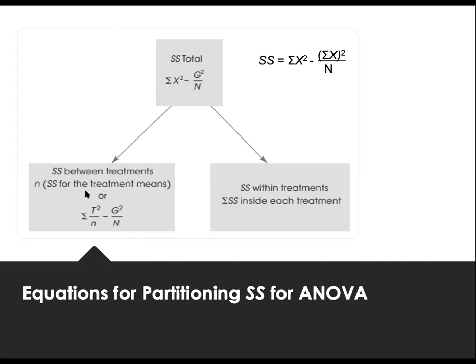So this is a good way to check. When I'm doing ANOVAs, I compute the total, I compute sum of squares within, and then I compute sum of squares between in 2 different ways so that I make sure that my math is all working out correctly, okay? If you add between and within and you don't get the total, then something's wrong, right? So there's a check built in there.